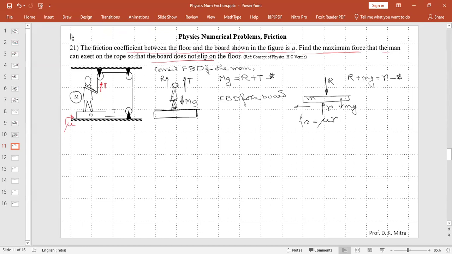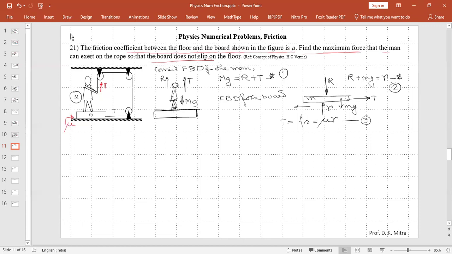Now let us take the equations one by one. Of course, this frictional force will be equal to T. So we can write T equal to Fs, the only two horizontal forces, and Fs equal to mu r. Let us call this equation 3, this equation 1, and this equation 2.